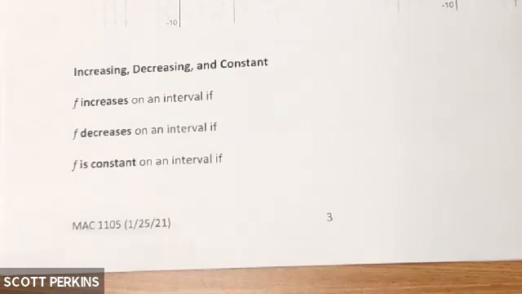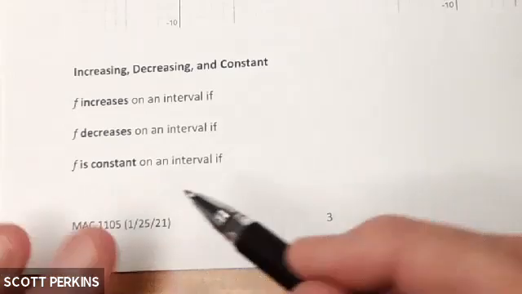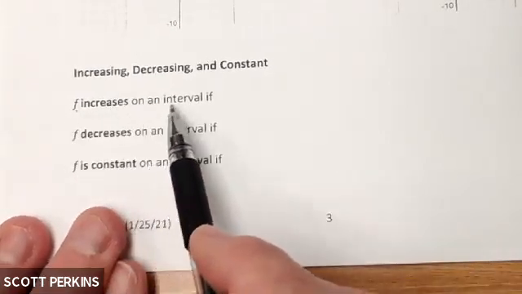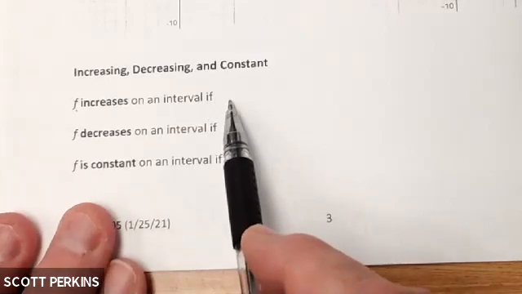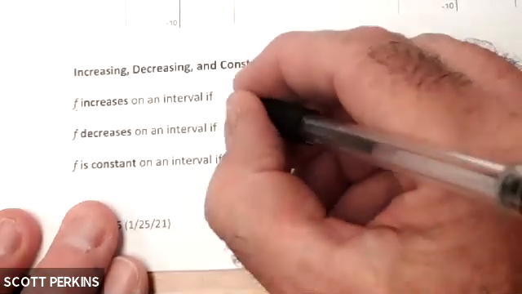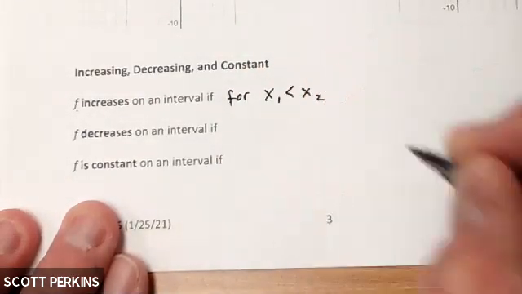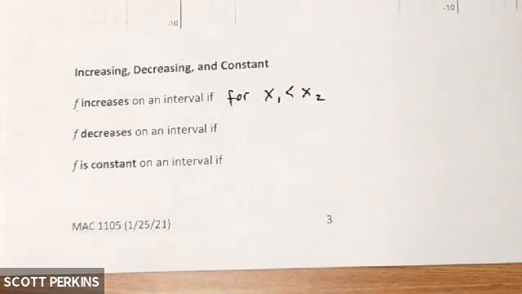So I'm going to write up the mathematical definition. I'm going to try to show you what that means on a graph so that you can visualize what's happening here. So we would say that a function f increases on an interval if the following is true. If for x1 less than x2, all that means, that's fancy mathematical lingo from reading the number line from left to right.